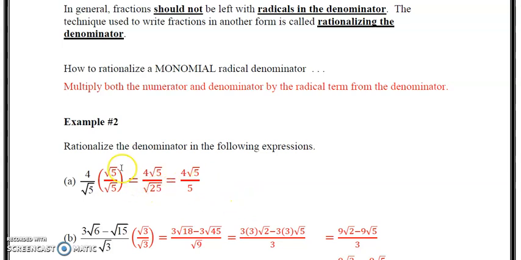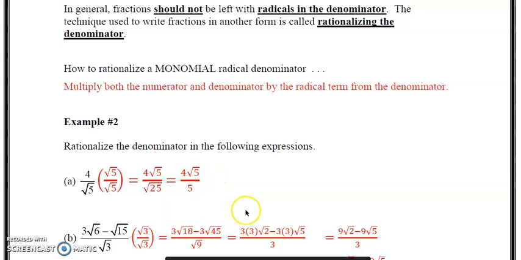Whatever you do with the numerator, you have to do the denominator, because we can't change the value of this. So we have this square root 5 over square root 5, because that's 1, right? Anything divided by itself is 1, so you're not changing the value, right? So 4 root 5 is the numerator, and the denominator becomes 5, and you're finished. This is called rationalizing the denominator.